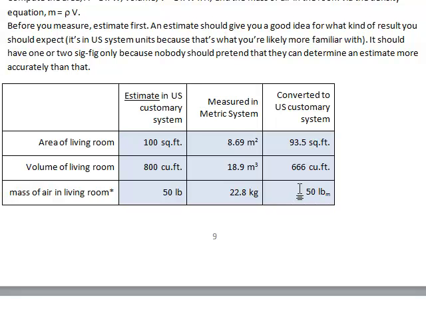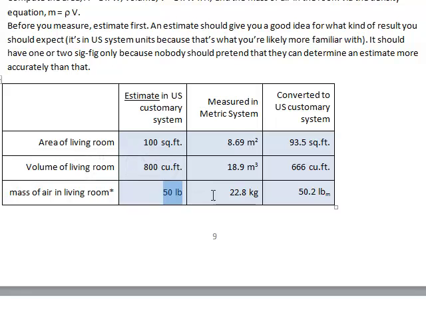Again, it's all three significant figures. My conversion units actually had more significant figures, but I had to go with my measurements, which had three significant figures to begin with, and I come up with 50.2 pounds of air in the room. And really, honestly, I had no idea.